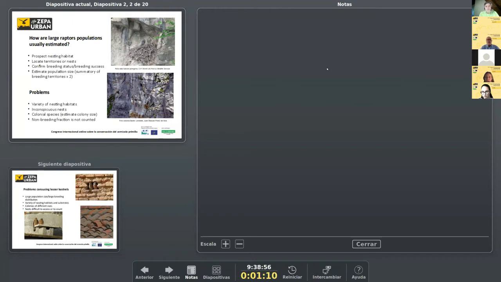This is, I would say, relatively easy when you have species that have restricted nesting habitats, for example, cliffs, that have large or conspicuous nests, and especially when they are territorial. So they are easy to find and relatively easy to count.